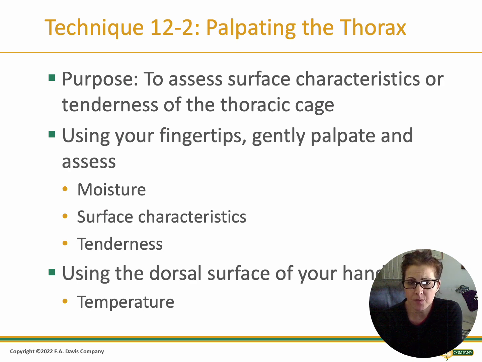The next step is to palpate, and you're simply palpating for any abnormal characteristics or tenderness related to the thoracic cage. You're using your fingertips, gently palpating, assessing for moisture, characteristics, any tenderness, and you're using the back of your hand, your dorsal part, to assess for temperature changes.